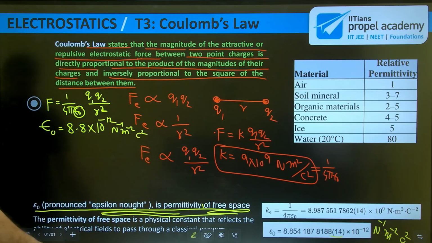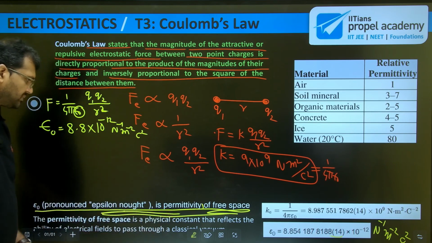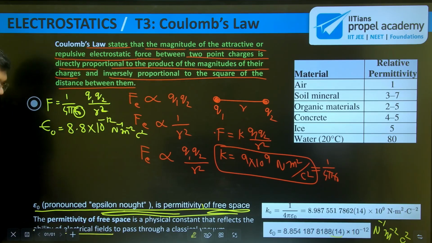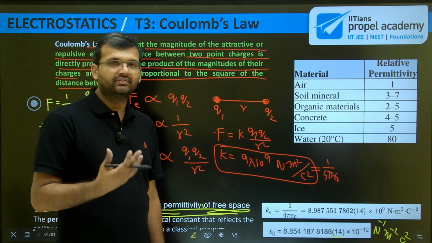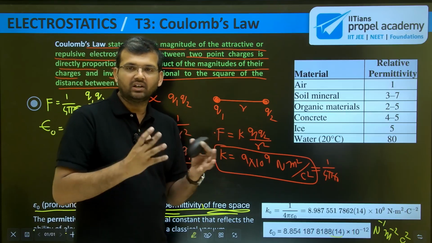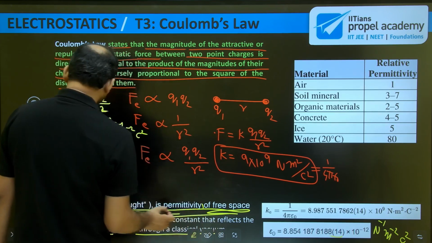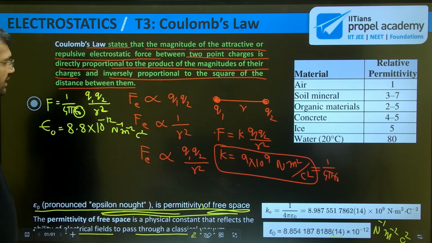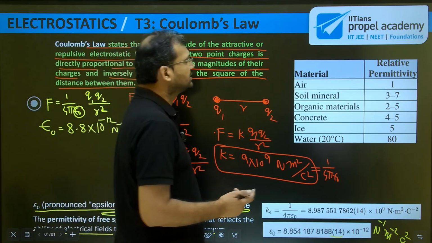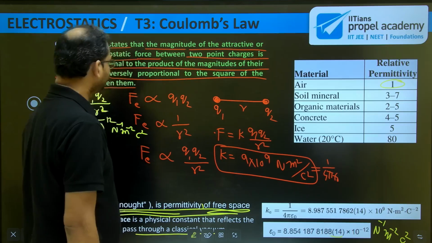So the permittivity of free space is a physical constant that reflects the ability of electric fields to pass through it, how the electric forces can pass through it. Different materials have different permittivity values. If you take air or vacuum, relative permittivity is 1.